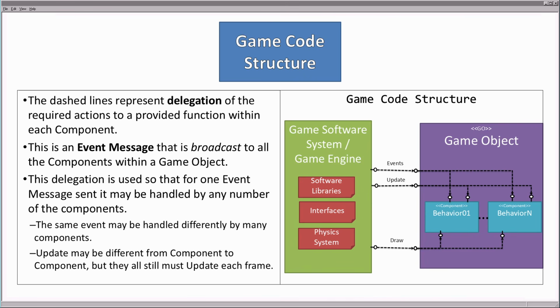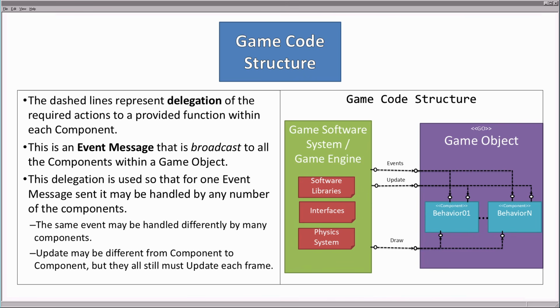This is an event message that is broadcast to all the components within a game object. One event may have code handling it in several different components. The components handling these events can be considered listening for these messages. This delegation is used so that for one event message sent, it may be handled by any number of components.